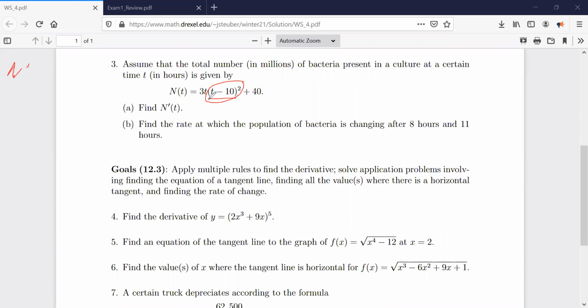So what is the derivative of this guy right here? It's just going to be 1 times 2, because then I'm just doing a power rule here, t minus 10. So it just becomes 2 times t minus 10. And then I'm doing a product rule. So what does this come out to as a product rule?